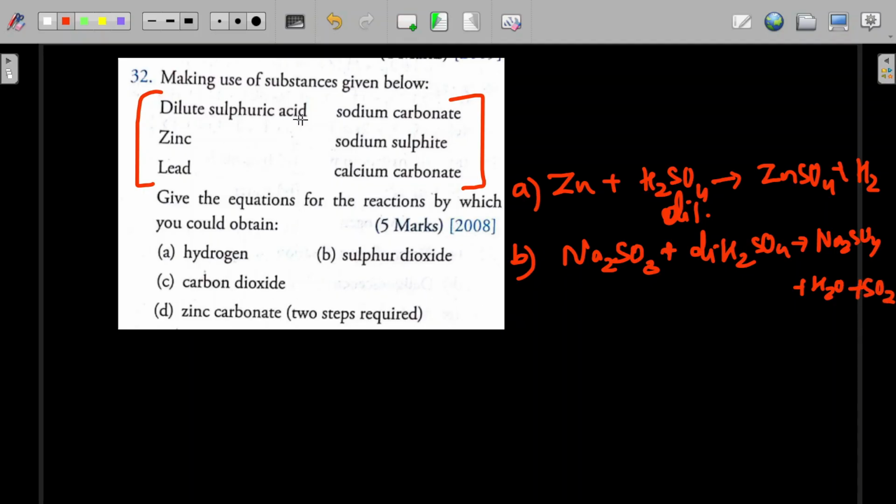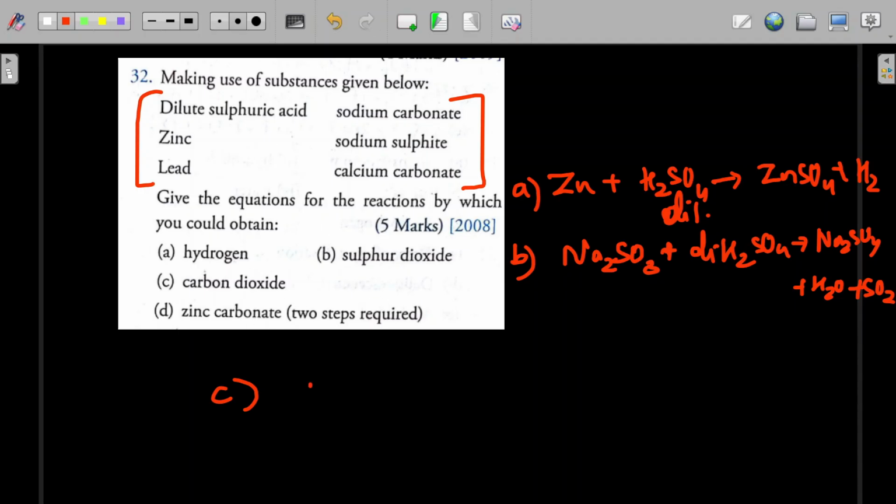Carbon dioxide. And here, see, they didn't mention that you have to use it only once. Nothing like that. You can use multiple times. So carbon dioxide you want to get, so you have to use sulfuric acid plus calcium carbonate. Why can't we use sodium carbonate? Okay, that also we can use.